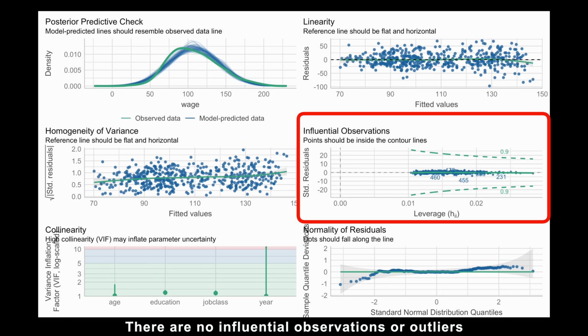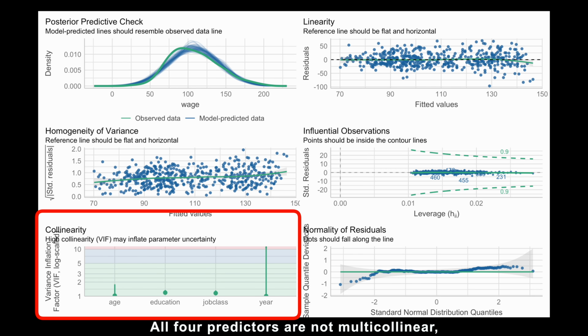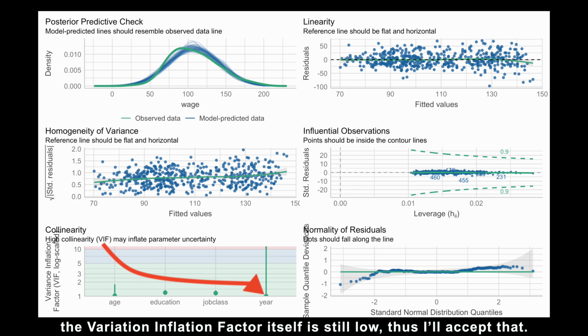There are no influential observations or outliers since the points stay inside the contour lines, probably because we cleaned the data beforehand. All four predictors are not multicollinear, and while the year's coefficient seems a bit more uncertain, the variance inflation factor itself is still low, thus I'll accept that.